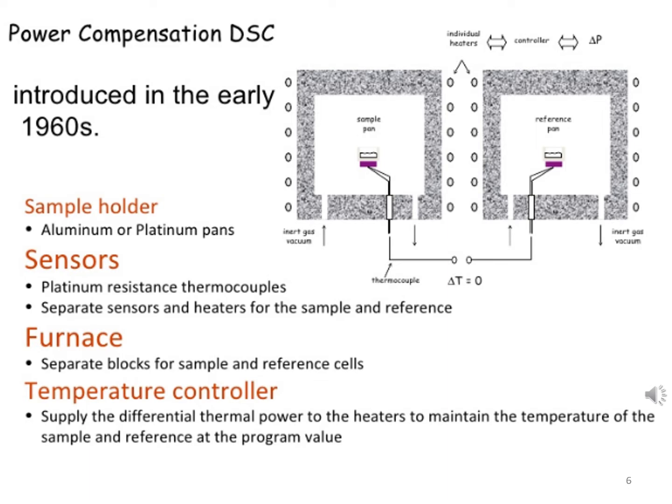So the working of the temperature controller is to supply or provide the differential thermal power to the heaters, and to maintain the temperature of sample and reference at the programmed value.